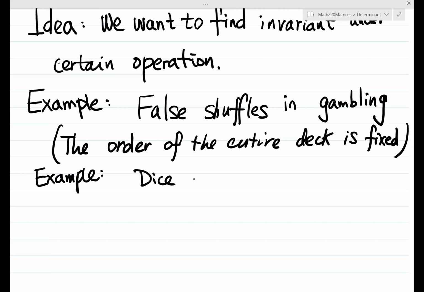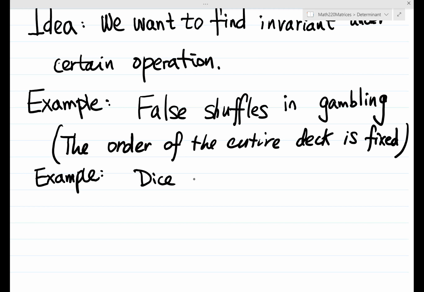For instance, if you add a certain spin to the dice when you play the dice, then the dice is more likely to remain the same as its initial position, because once you have a certain spin, it's hard to change direction.